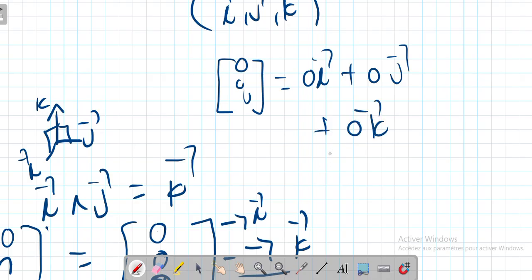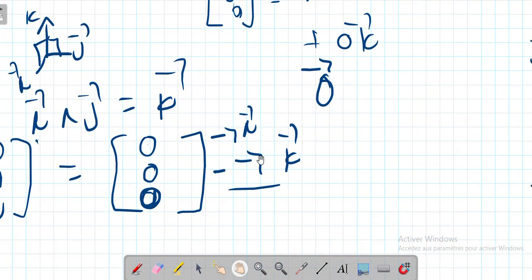So this is a zero vector. It's 0 in all components. We put an arrow on top of the 0 to show that it's a vector. I wasn't understanding what was going on when they put 0, 0, 0 and an arrow.